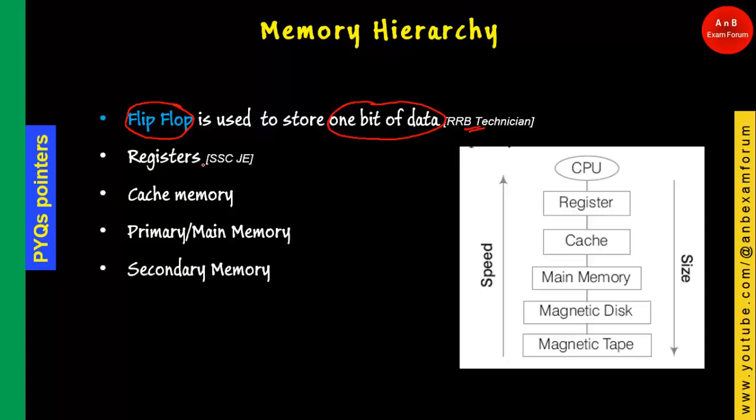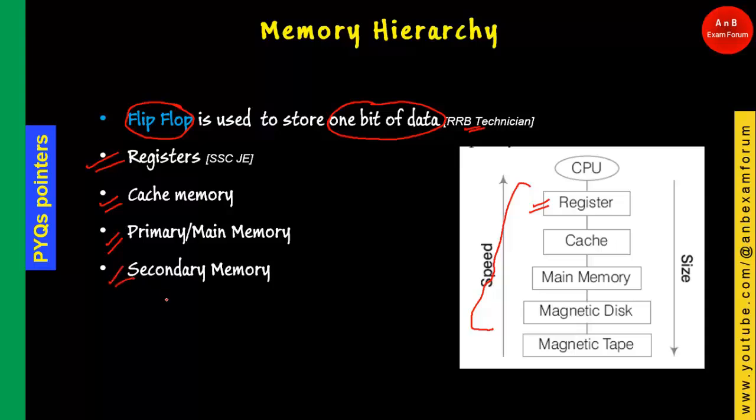If you ask which of the following memory is the fastest, your answer should be registers. Registers are the fastest one. Why? Because they are closer to the CPU. Afterwards it is the cache memory, afterwards primary or main memory, and finally the secondary memory.